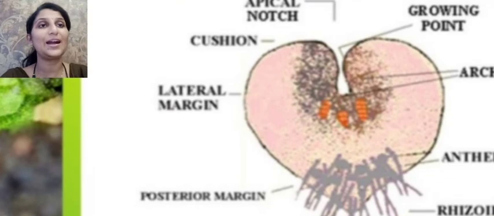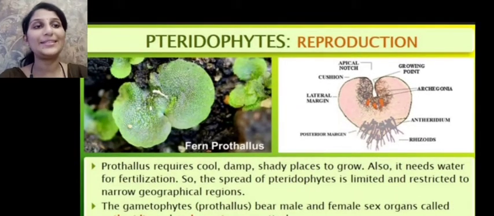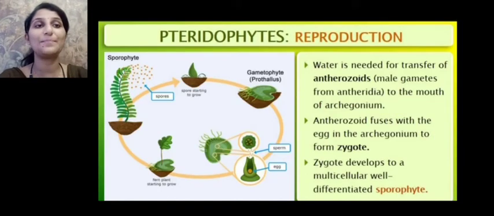You can see this is the archegonia, and it also bears the antheridia, which produce the male and female gametes. Water is needed for the transfer of antherozoids, the male gametes produced in the antheridia, to the mouth of the flask-shaped archegonia, and the antherozoid fuses with the egg within the archegonium to form the zygote, which is diploid.